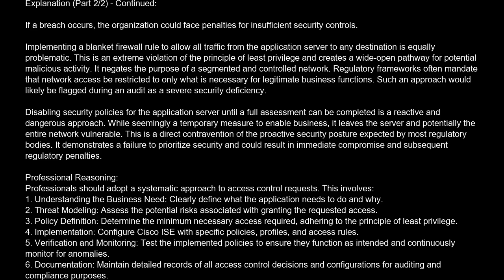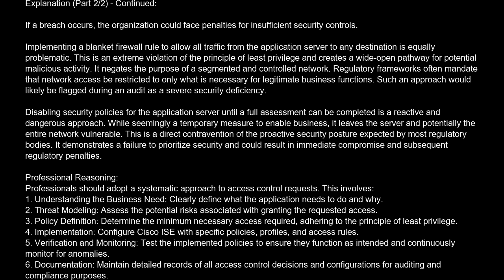Professional reasoning. Professionals should adopt a systematic approach to access control requests. This involves: 1. Understanding the business need. Clearly define what the application needs to do and why. 2. Threat modeling. Assess the potential risks associated with granting the requested access. 3. Policy definition. Determine the minimum necessary access required, adhering to the principle of least privilege. 4.